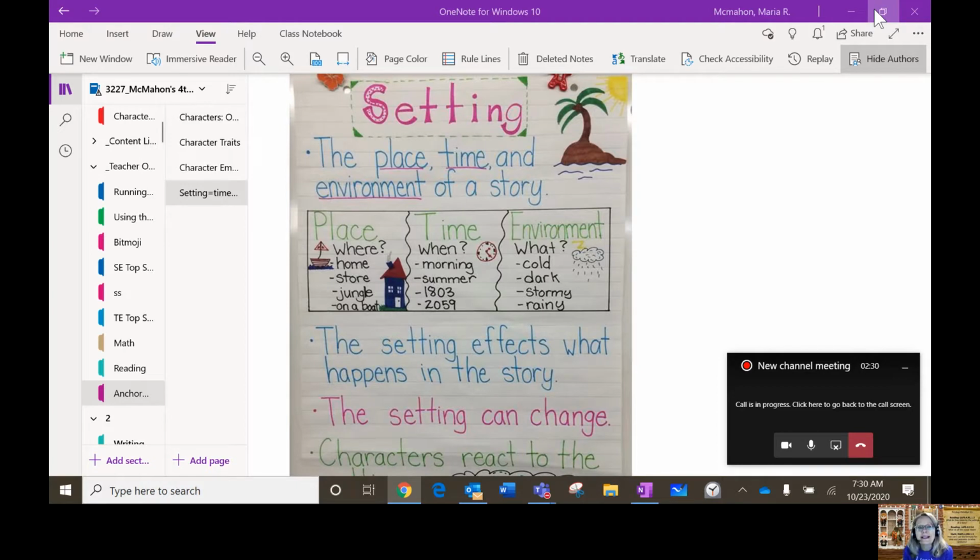The next element is the time. So, when does something happen? Sometimes it will say a specific time, like Harry had to catch the train at 9 o'clock at platform 9 3/4. So I'm going to picture platform 9 3/4 and I'm going to picture it as in the morning because that's what time he went there.